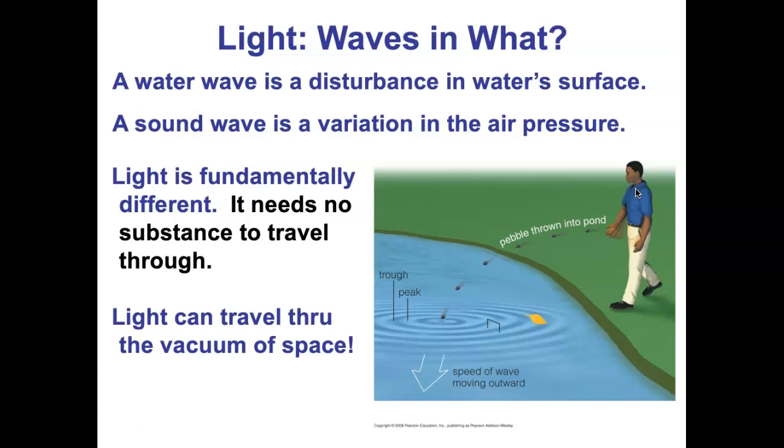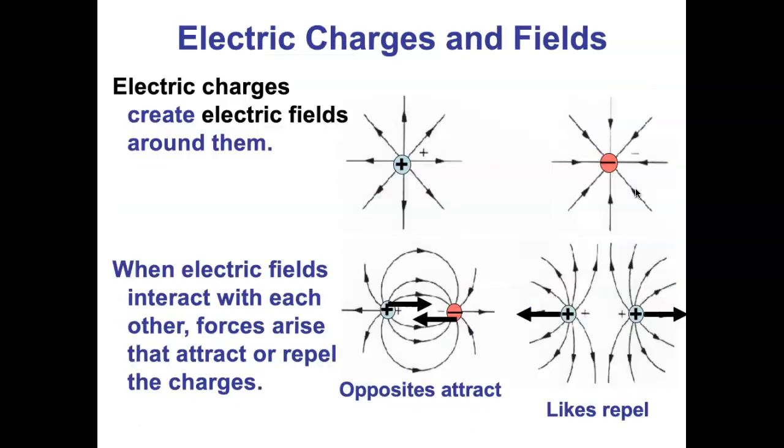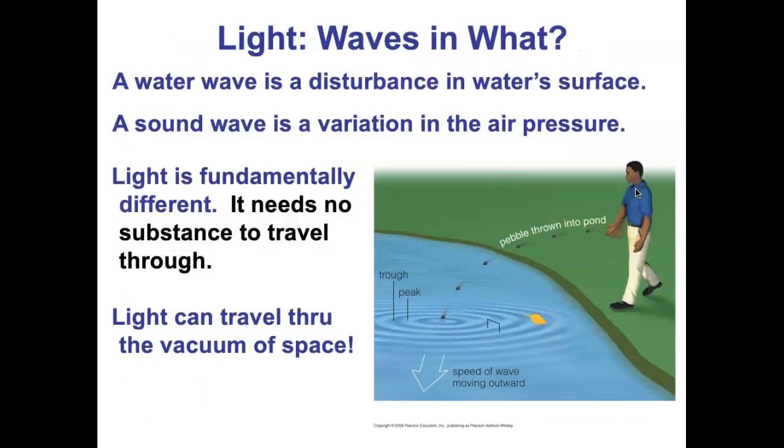And so because these electric fields, like here and here, they're part of space itself, they can exist in empty space. And since you can have an electric field in empty space, light can travel through empty space.